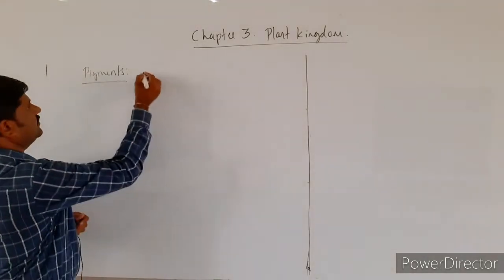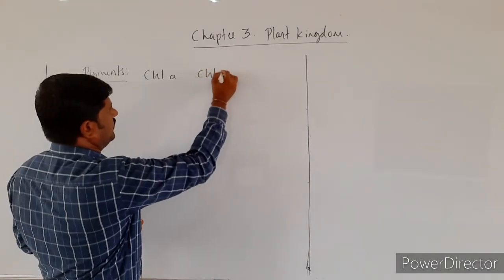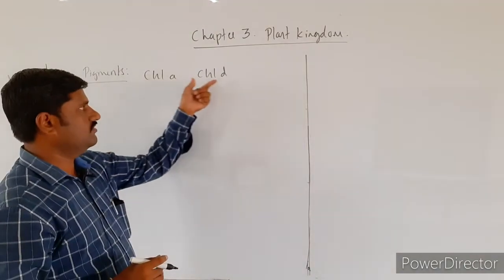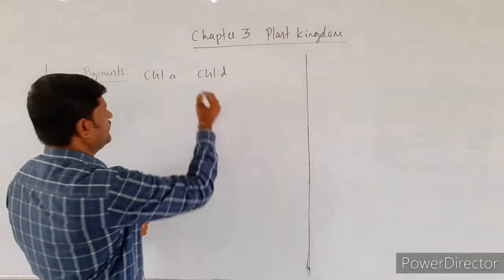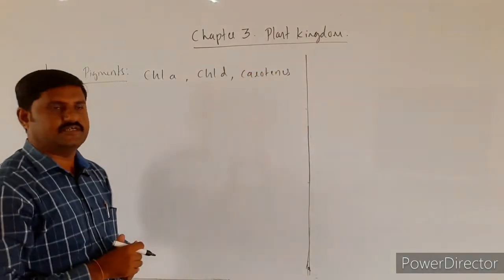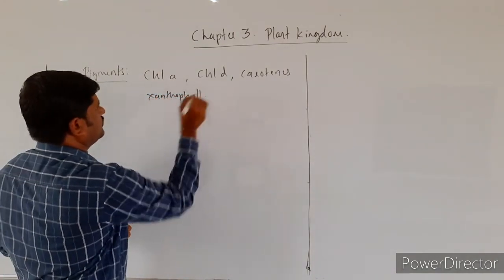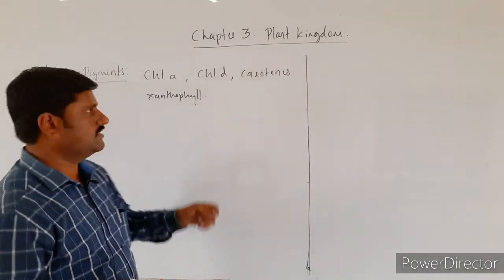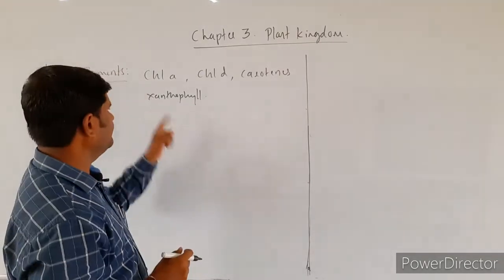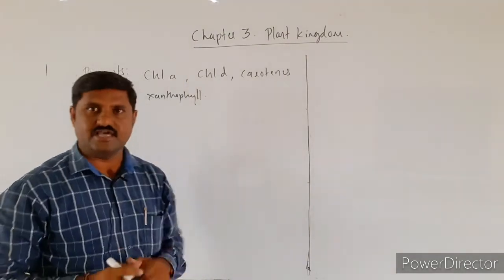Here chlorophyll A is present as well as chlorophyll D, along with carotenes, and xanthophyll is also present. These are the pigments present in these algae.